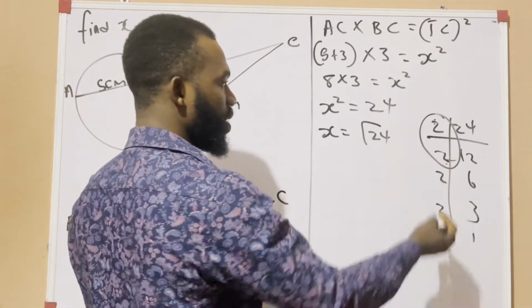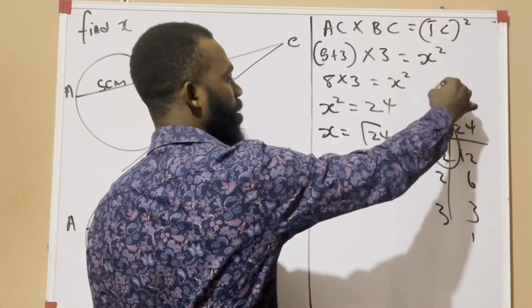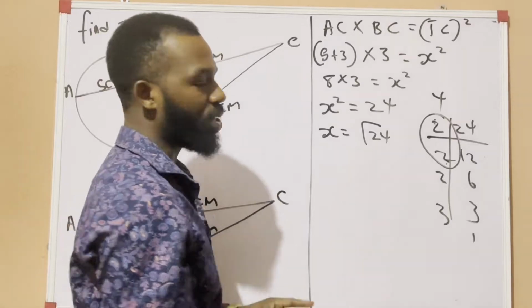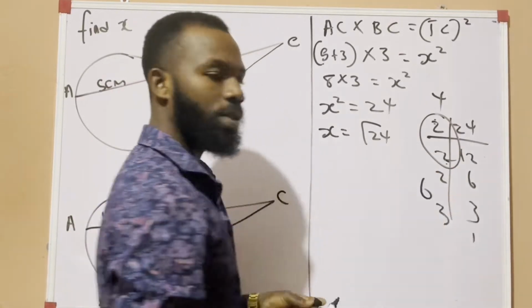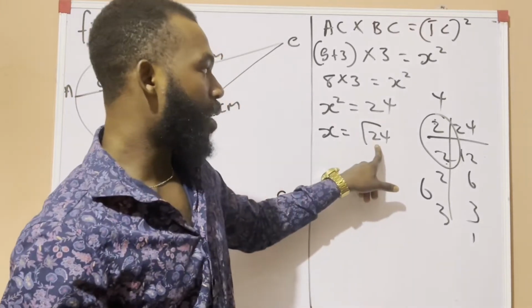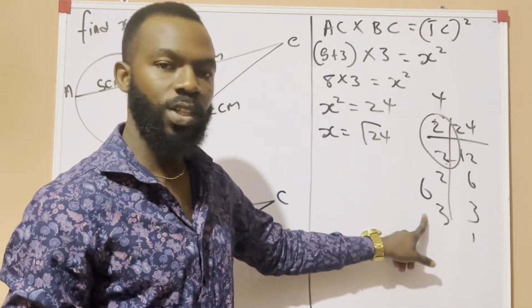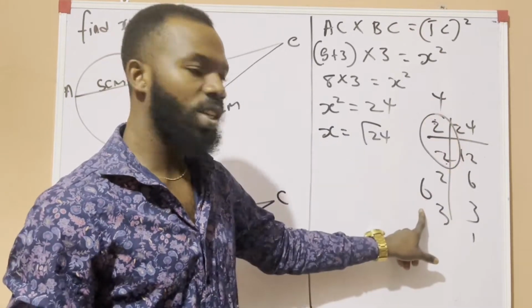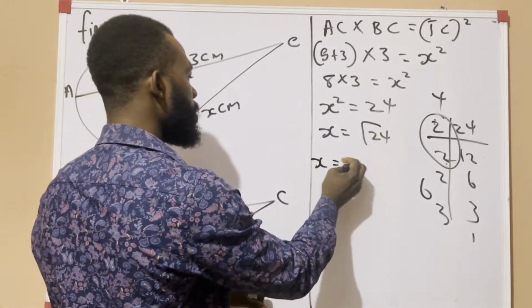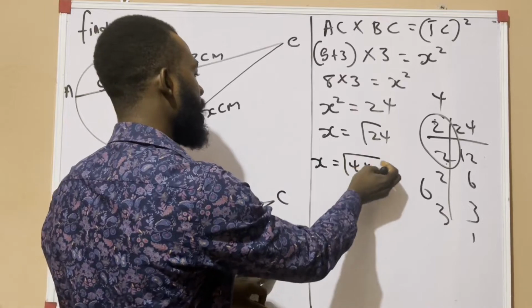So what we're going to do is this. Multiply the pair that is the same: 2 times 2 gives us 4. Then multiply the two numbers that are not the same: 2 times 3 gives us 6. So the two numbers that we are using to simplify root 24 are 4 times 6. 4 is rational, 6 is irrational. So here it becomes x equals root of 4 times 6.